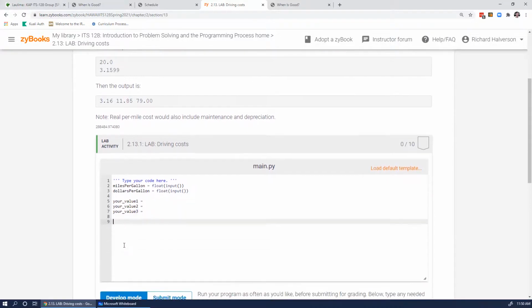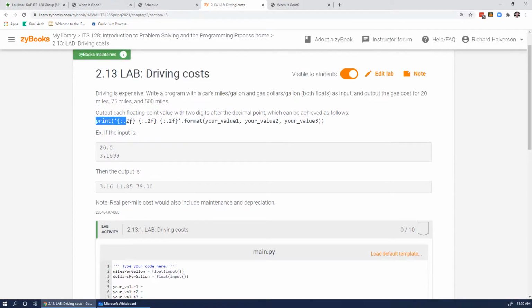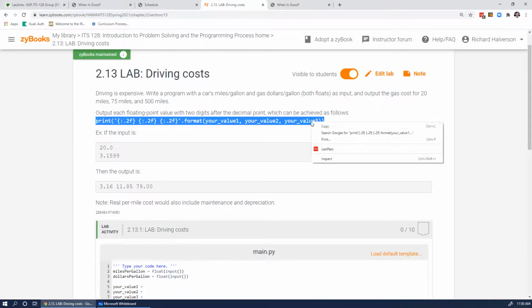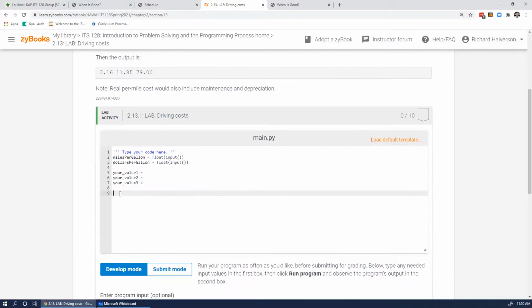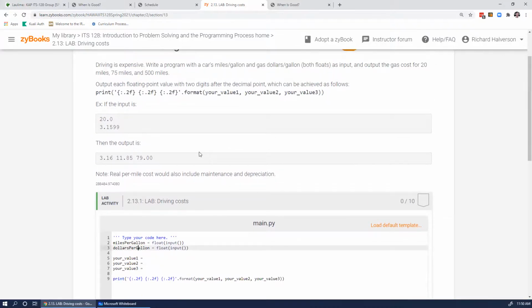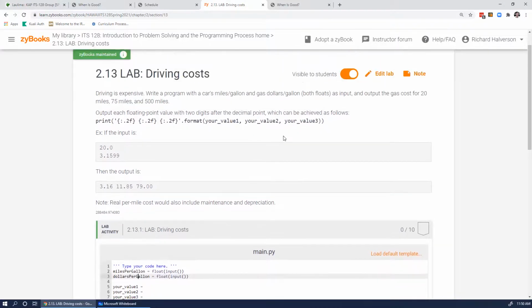And then we're going to print out this. Copy, paste. All right, and now all we've got to do is figure out what it is for this.